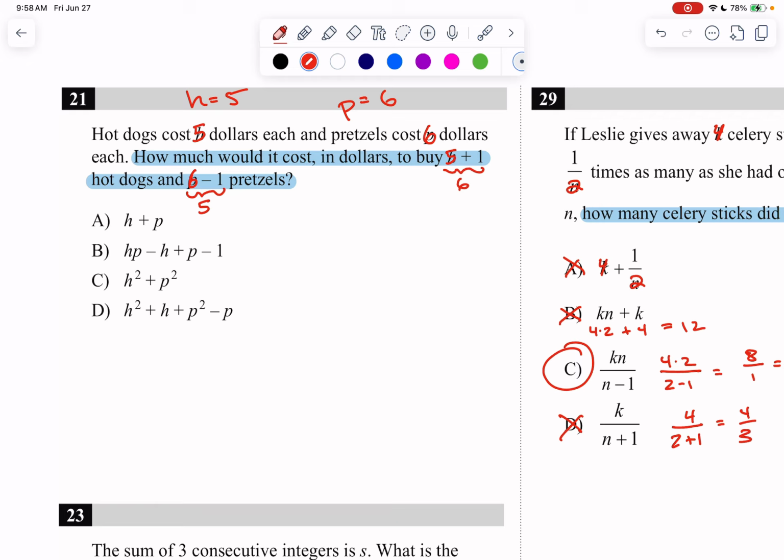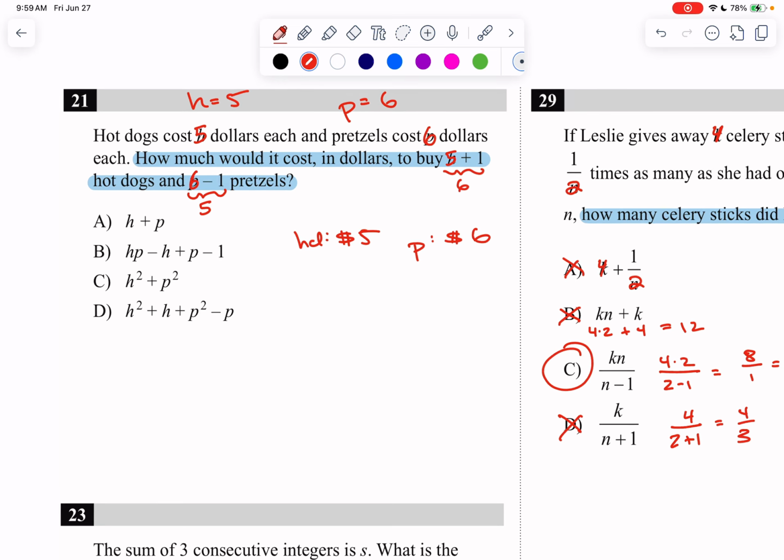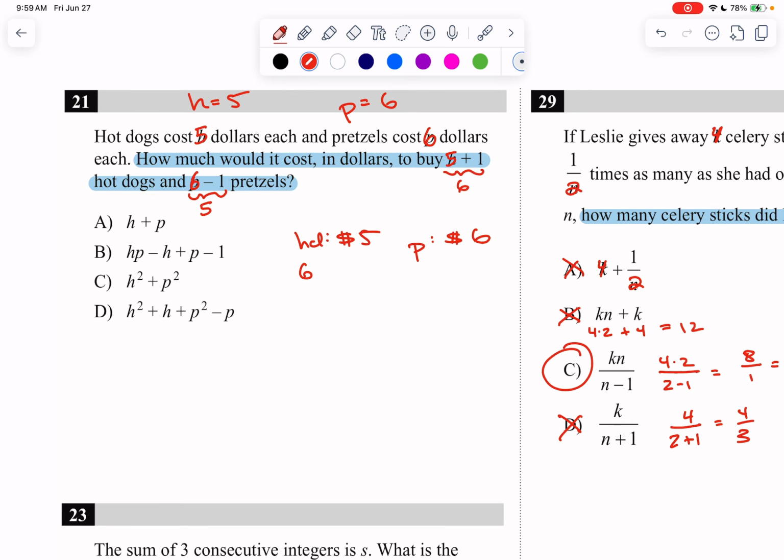Hot dogs cost $5. And pretzels, they cost $6. How much would it cost to buy 6 hot dogs and 5 pretzels? Well, if hot dogs cost $5 and I'm buying 6 of them, that will cost me $30 just for the hot dogs.